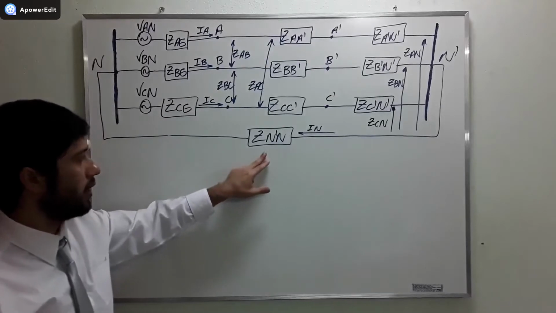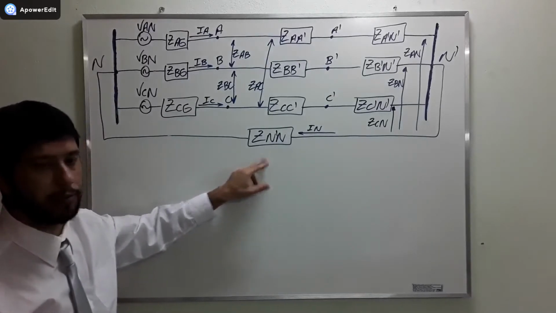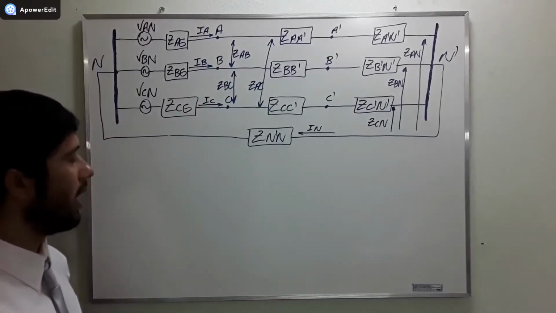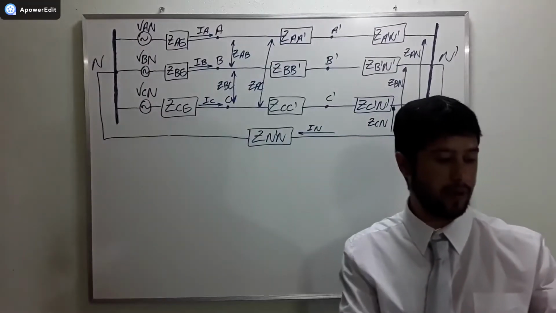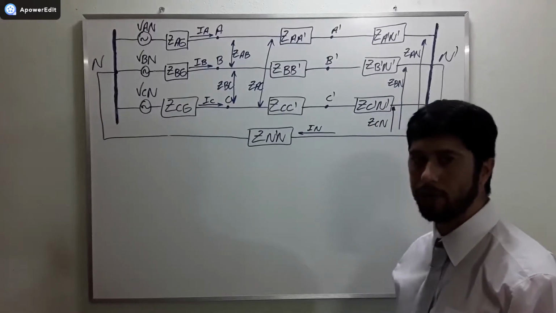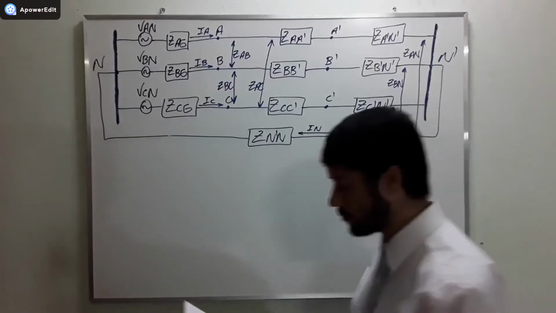And the neutral wire is represented by an impedance ZN'N, and the current that flows through the neutral wire is IN. We wish to calculate the values of the currents IA, IB and IC. How are we going to do that? Let's use Kirchhoff's law.